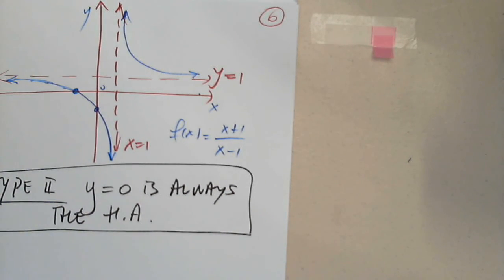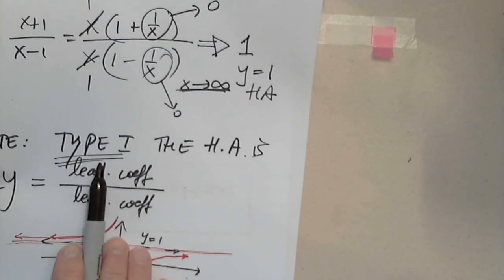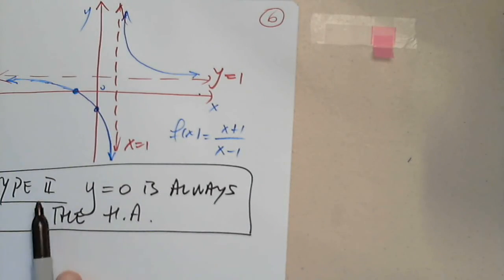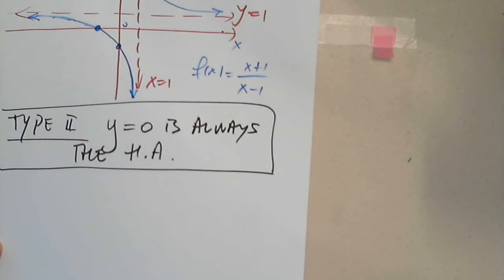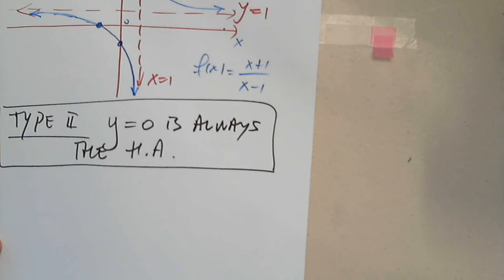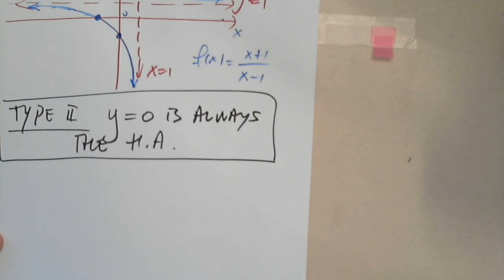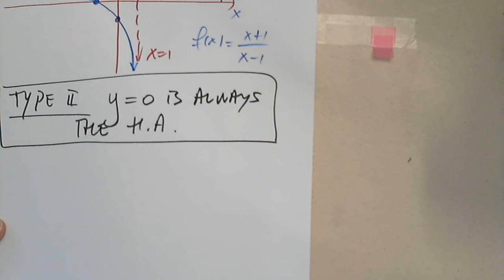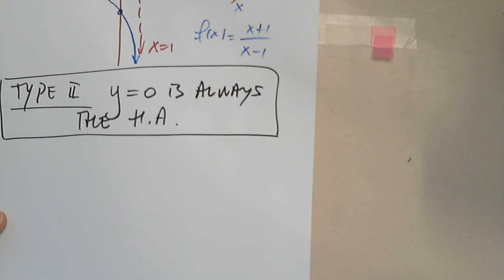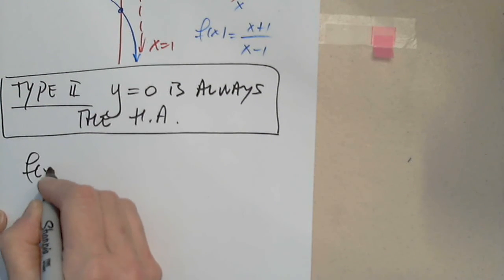So leading coefficient over leading coefficient is only for type 1. Type 2 is even easier. I don't even have to think. It's just y equals 0. If you want me to show y, I can show you y. So what? Yes? Did anyone say yes? Yes, I did. Oh, very good. Perfect.